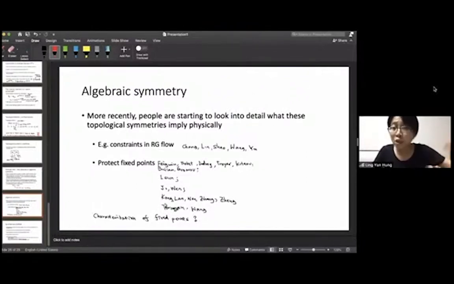It's just some higher-dimensional or higher-form generalization, but people are already realizing that they give you further constraints on RG flow. They protect fixed points. They might be a different way of characterizing universality classes. So these symmetries are important.